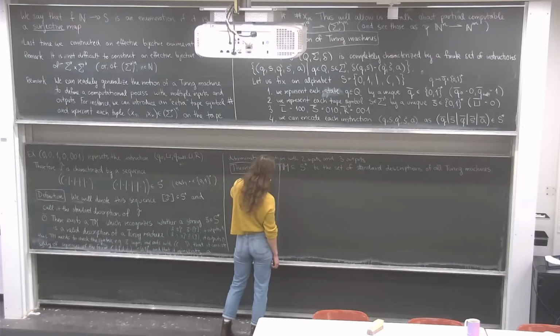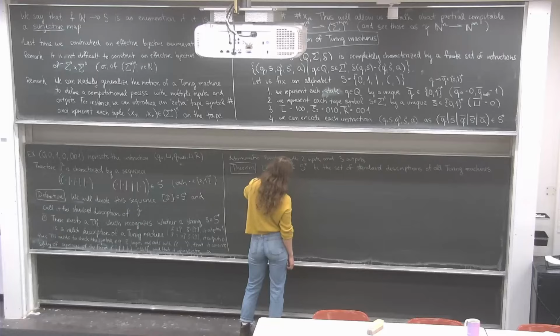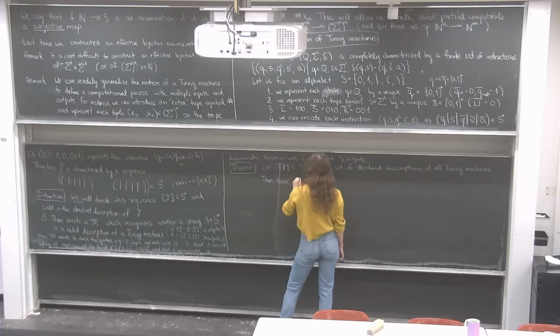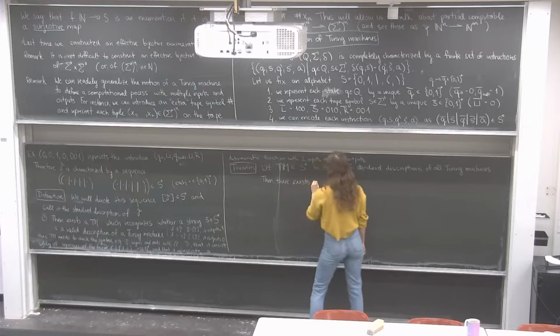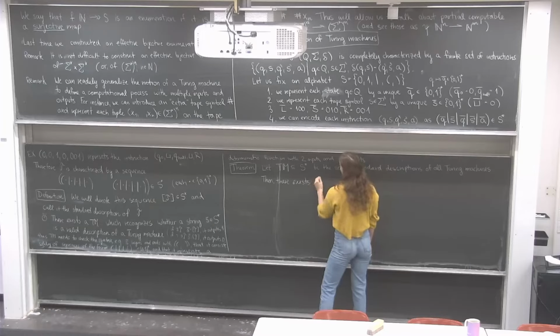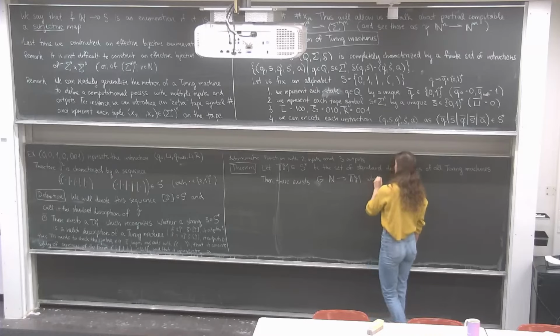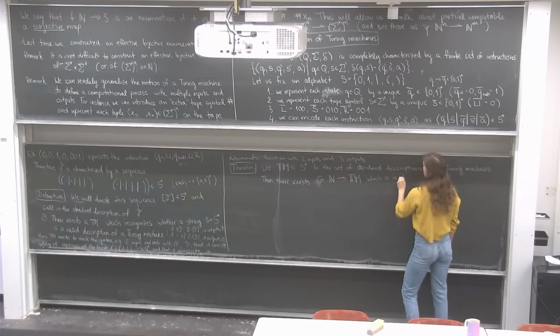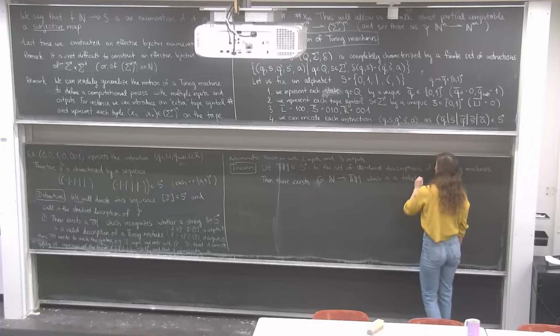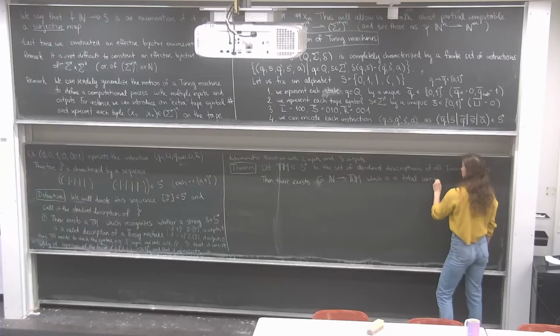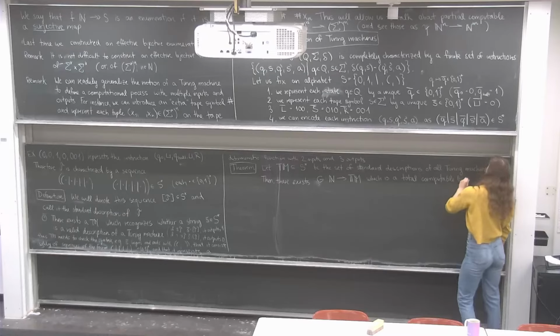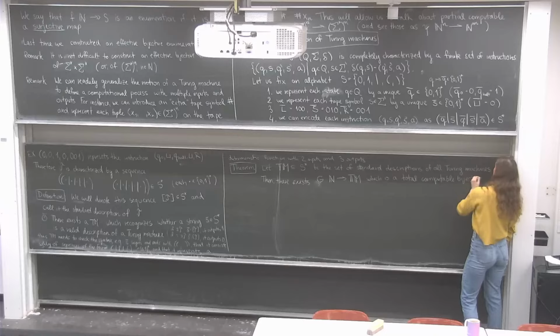Then there exists G, a map from N to TM, which is a total computable bijective function.